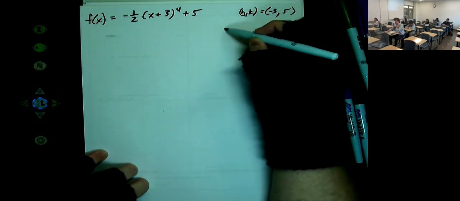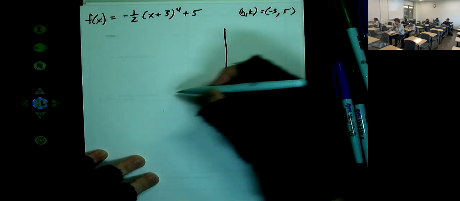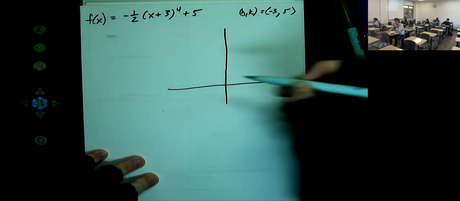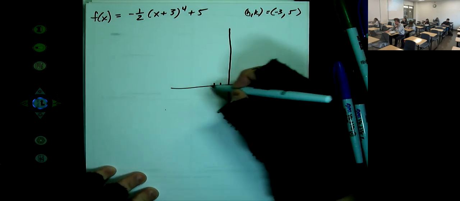So my h, k here is what? -3, 5. So it looks like I'm going to have some action going on up here in this second quadrant.